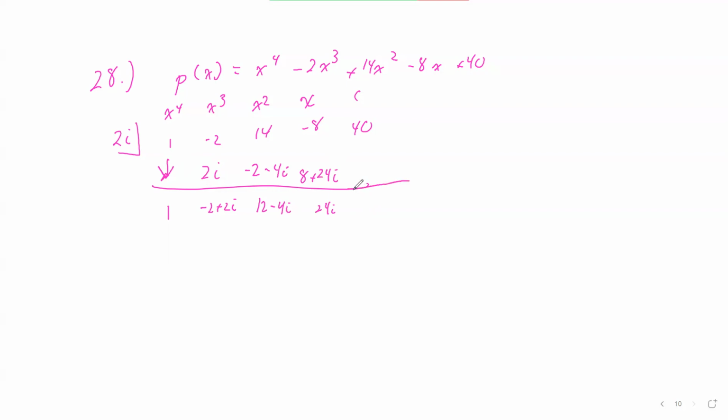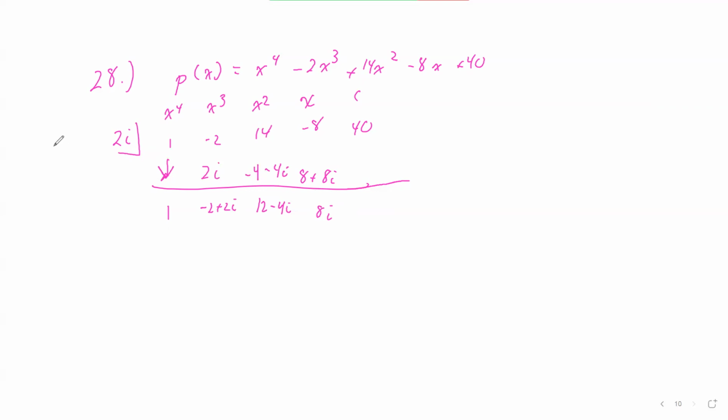Oh, wow, I cannot do math. Hold on. 2 times i is not 24, it's 8. So then that'll give me 8i. Hold on. Okay, 1, 2, negative 2, negative 4. 4i squared is negative 4. Goodness.